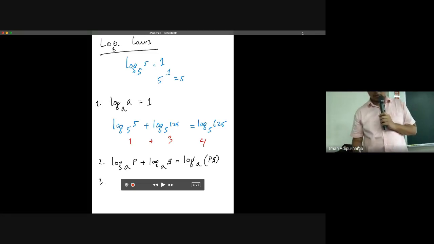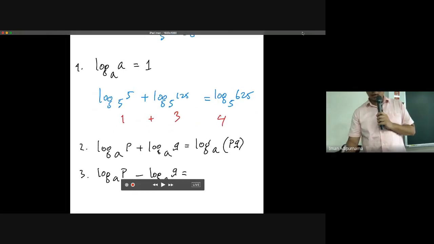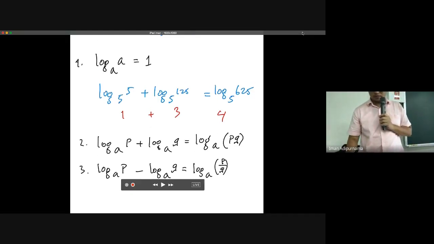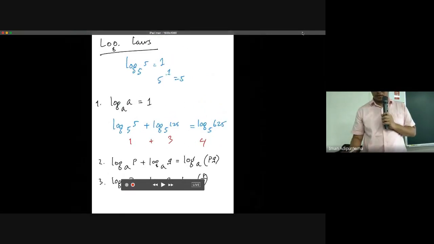And also for the subtractions, if you subtract both of them, then you will have log with the base of a of b over q. Okay.